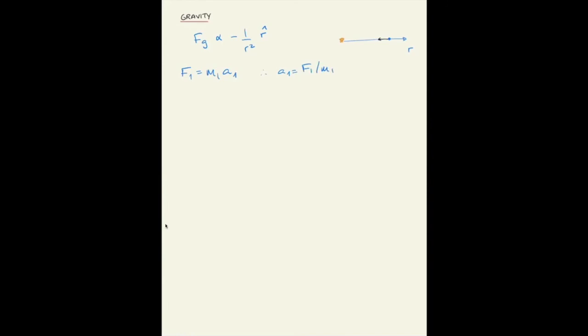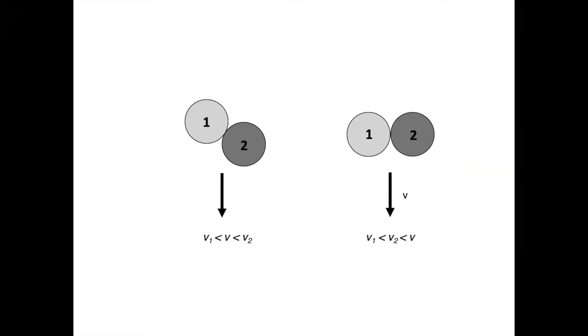Yet, if a is caused by gravity, Galileo's reasoning and experiments had already shown that bodies of different masses fall with the same acceleration. Galileo found this by an ingenious thought experiment. Imagine that you have two spheres, 1 and 2, that have different masses, with m1 being less than m2.